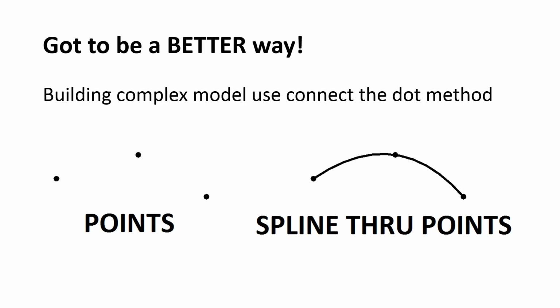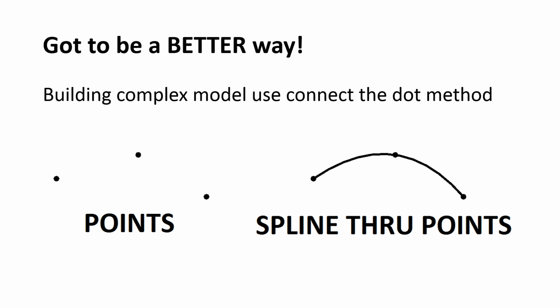Now I asked myself, there must be a better way to build this natively inside Revit. So I experimented for several months, and I found that you can actually build it inside Revit, but you have to use a very simple method. I use points and connect the dots.